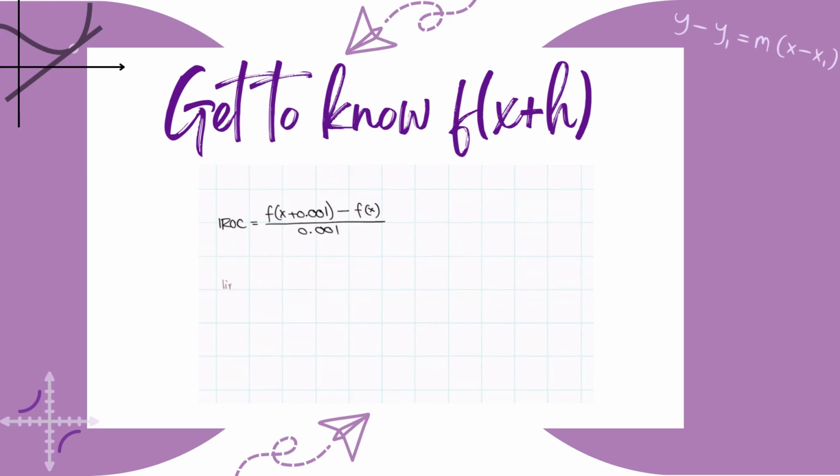So it's limit h tends to 0, f of x plus h minus f of x over h. So as you could see, the two equations are very similar, right?